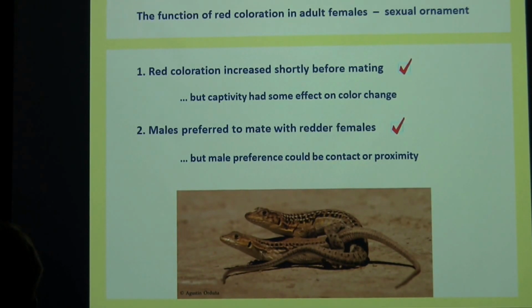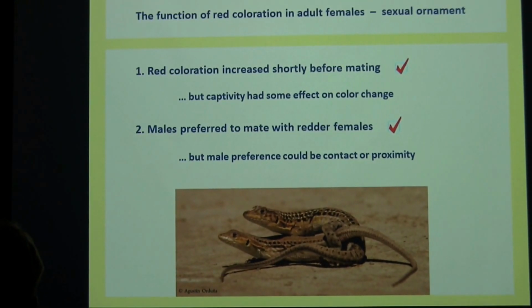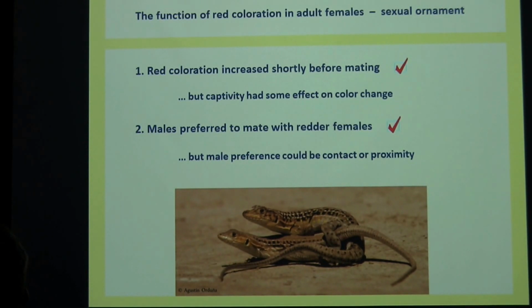To summarize the studies about the sexual ornament hypothesis in adult females, we found results consistent with 2 predictions of the hypothesis, and these results suggest that red coloration in adult females has a mating-related function.